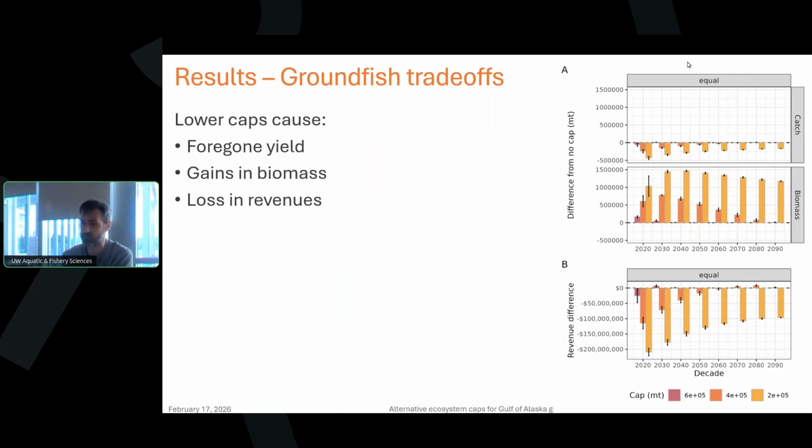Obviously the lowest values of this cap are in no way meant to be realistic. That's an enormous amount of catch that you're leaving in the water. But for the other ones as well, you do have gains in biomass that compound over time until the caps become unconstraining, and then there's no difference from the status quo anymore.